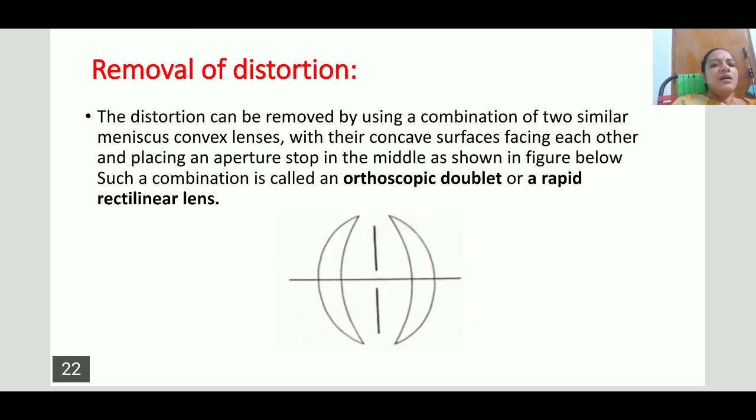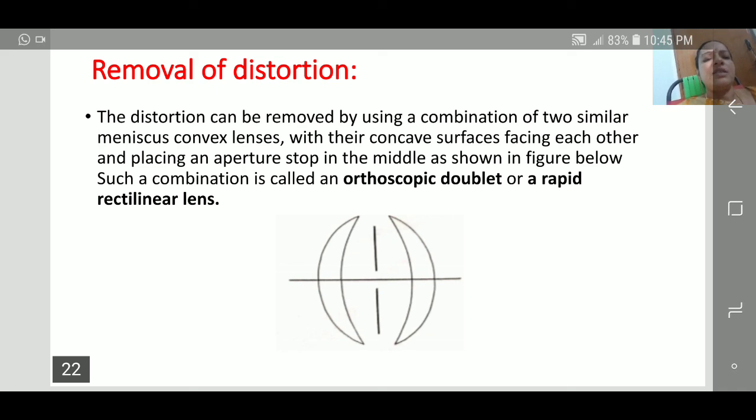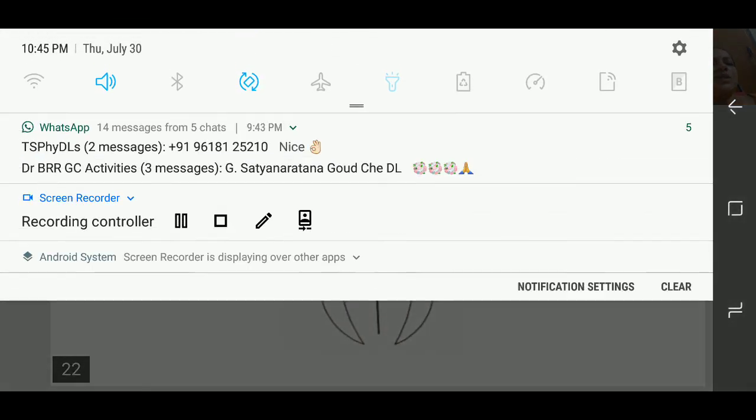And some conditions, the Abbe sine condition for coma, the Petzval condition for curvature. Like this, we have already derived these equations. So this is today's class.